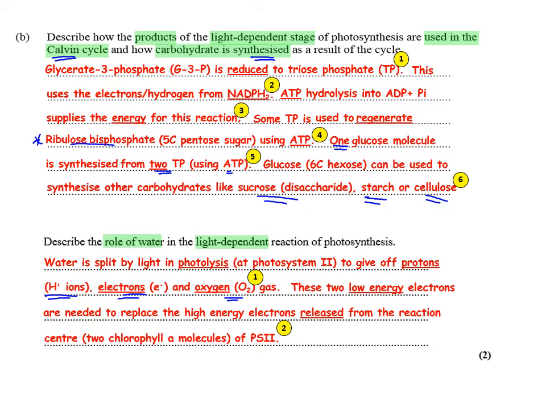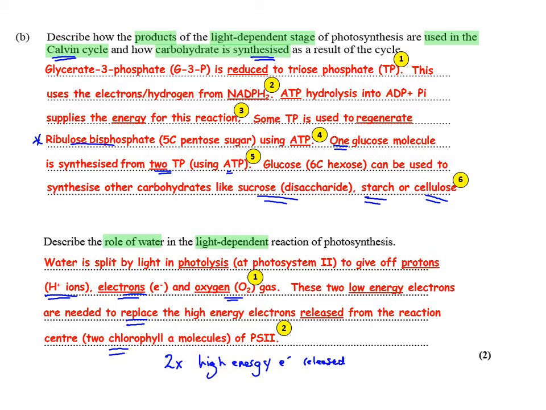Now we know the role of the low energy electrons and what they're needed for. So they replace the 2 high energy electrons released from the reaction center of photosystem 2 on the left. Now we know the reaction center is made of 2 chlorophyll A molecules, and 2 high energy electrons get released after they've been energized from the reaction center of PS2.